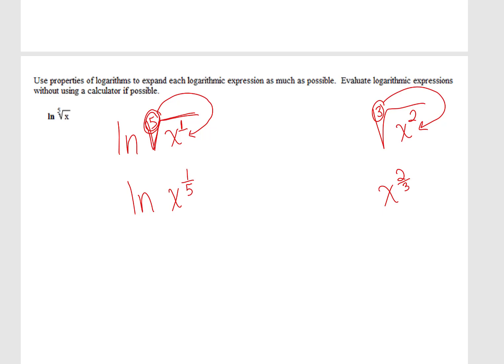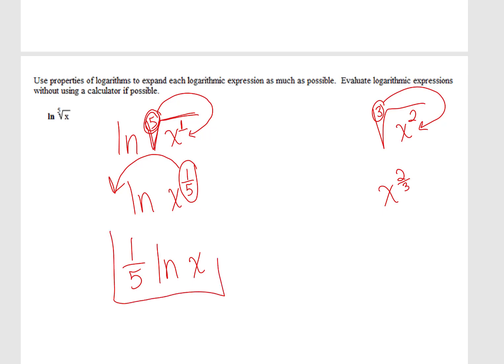Once I get that root expressed as an exponent, now I can apply my third property and put it up front. So remember, if I have a log of a number raised to an exponent, it's the same as the product of that exponent and the log of the number. If I could further simplify, I would, but I cannot.